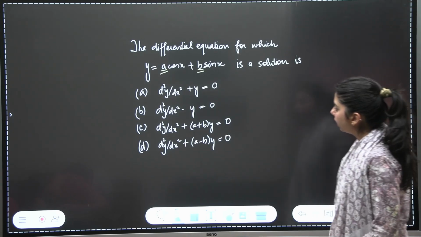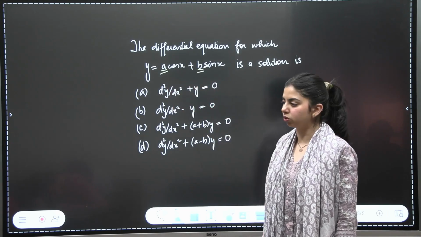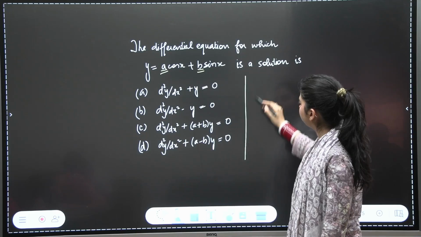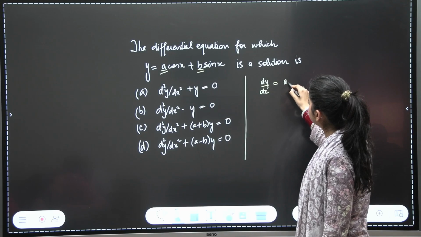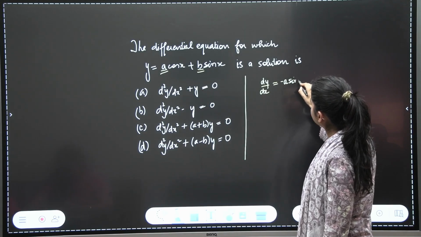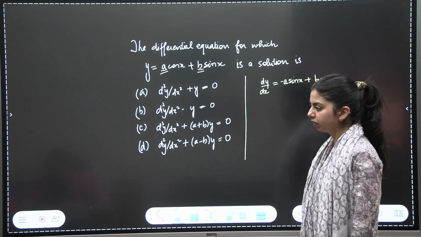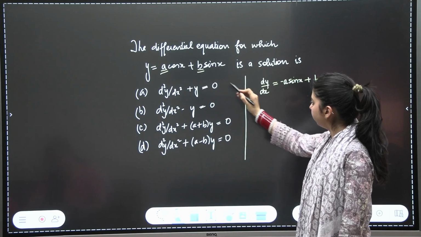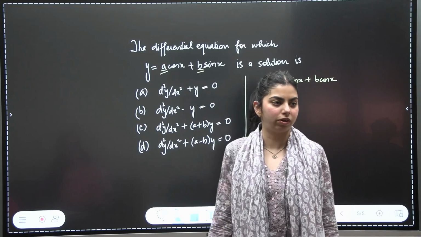Now, one way is you can solve this and create your own differential equation. The other is you can substitute the values. You can do whatever you want. So, if I start by taking the derivative, dy by dx is minus a sin x plus b cos x. Right, this is okay. Then I do the derivative again because I am allowed to do the derivative twice here, as there are two arbitrary constants.